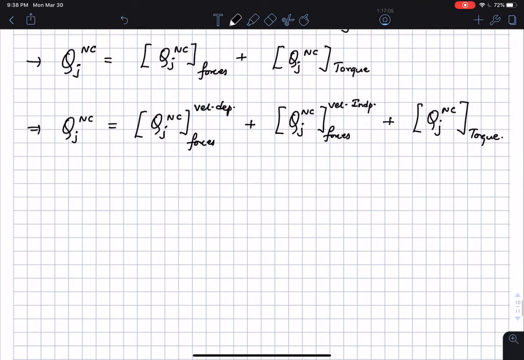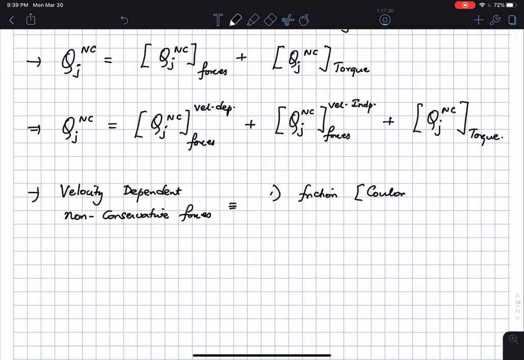What are velocity dependent forces, velocity independent forces? Here are the following. Velocity dependent non-conservative forces: these are friction, Coulomb friction.